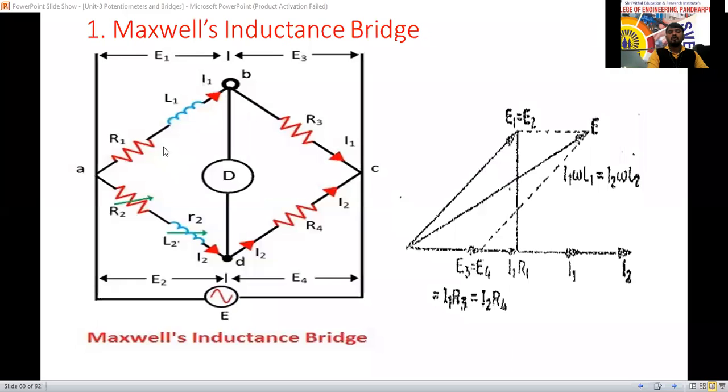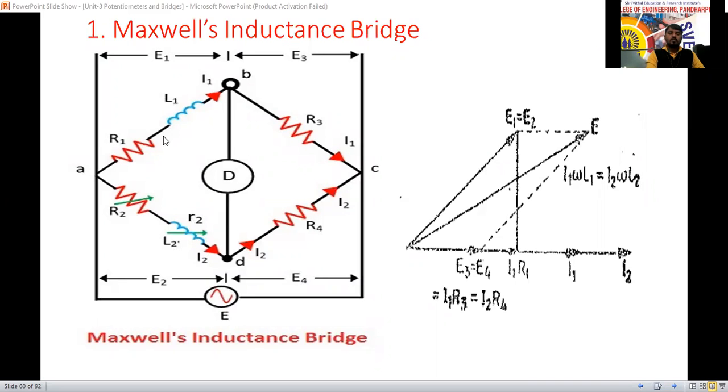So the first branch, A to B, consists of R1 and L1. B to C, only R3 is there. C to D, only R4 is there. And D to A is one resistance and one inductance, which is also not pure inductive; it consists of resistance again, r2 plus jωL2.